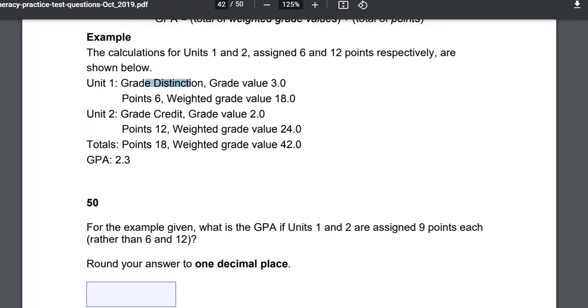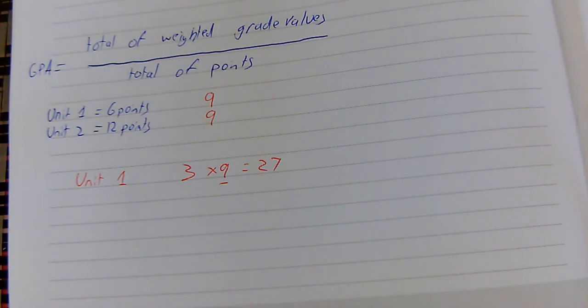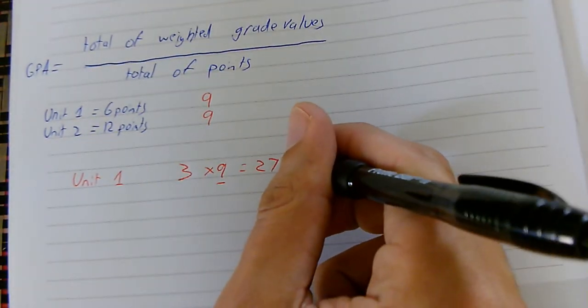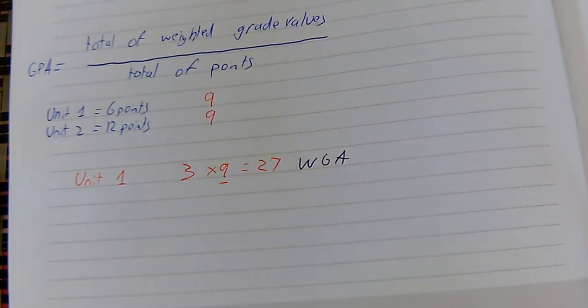Grade distinction for unit 1, and that is worth 3 points for a distinction, which is said here, and it is also mentioned earlier. So we just needed to times those two numbers together to get the weighted grade value. So the weighted grade value is 27 for the first one. I'll just write WGV for weighted grade value.